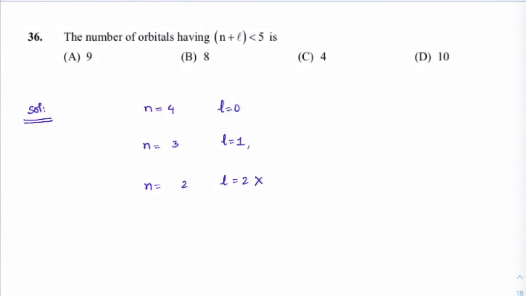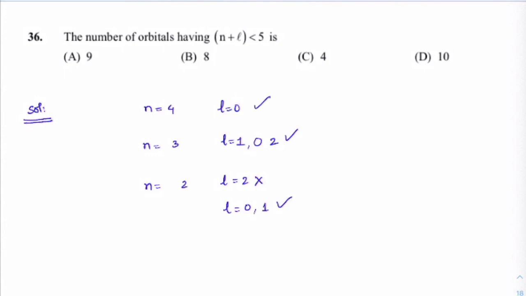But here when l is equal to 1, I can have 0 also, because you just asked less than 5, correct? So 0 and 1 can be existing. So these are all the combinations which we have.